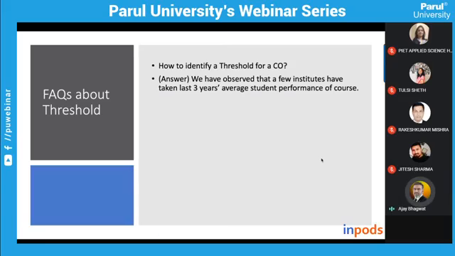However, many senior educationists say that you take the last 3 years of the course in discussion, find out the average performance of the students in each of the courses of the previous batches, and then average those out and come up with the number.